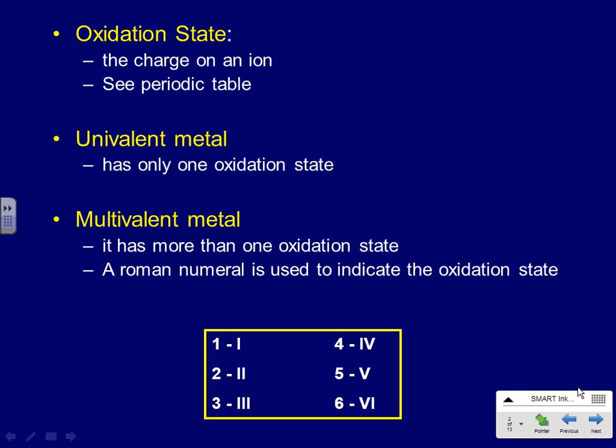So let's get our periodic tables out, because now we're at the point where we're going to be using that table to find some numbers, to do some various things. So get your periodic tables out so I can guide you to where you are looking to find the oxidation states.